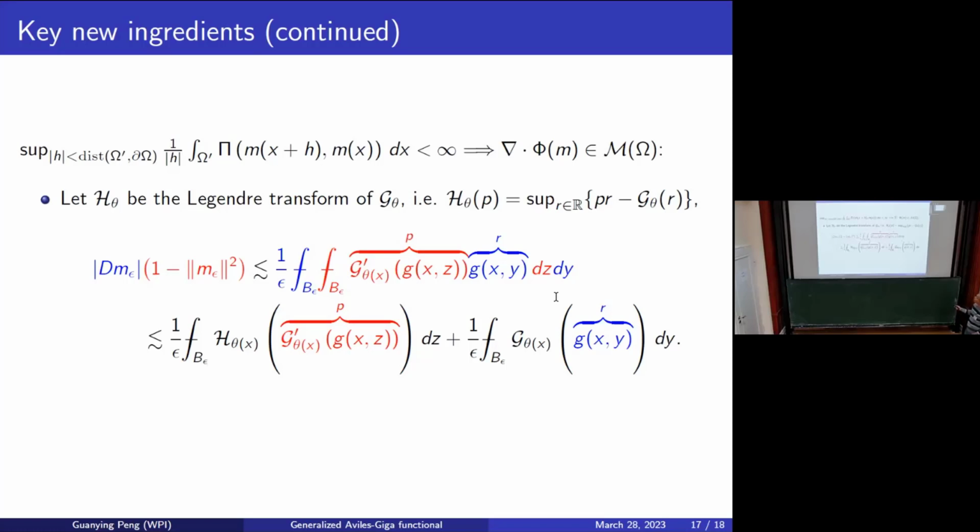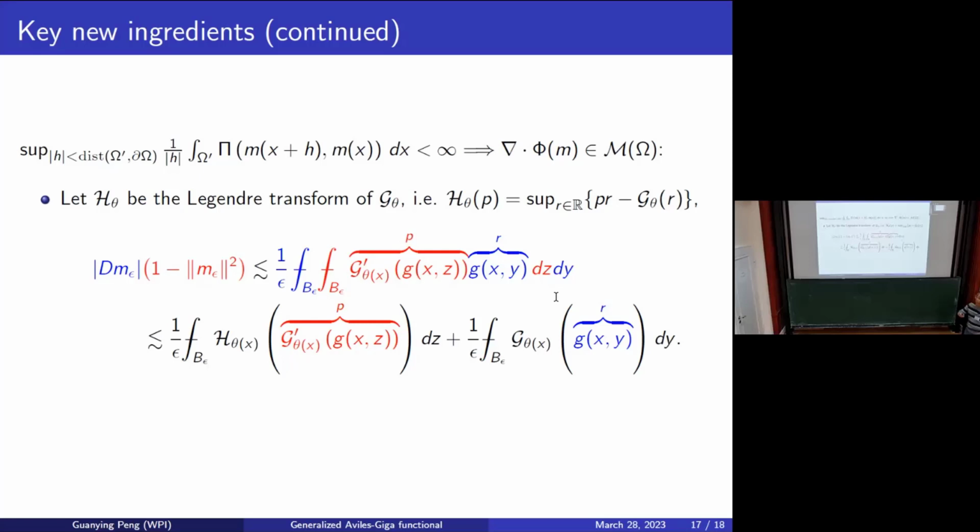For the second one, recall that with the help of the doubling measure assumption, this quantity can be controlled by this quantity pi. After integrating over omega prime and clearing up the integration with respect to y, which is not hard, we can show that this can be controlled by this one. For the first term, it has an explicit form of a Legendre transform applied to the derivative of the function.